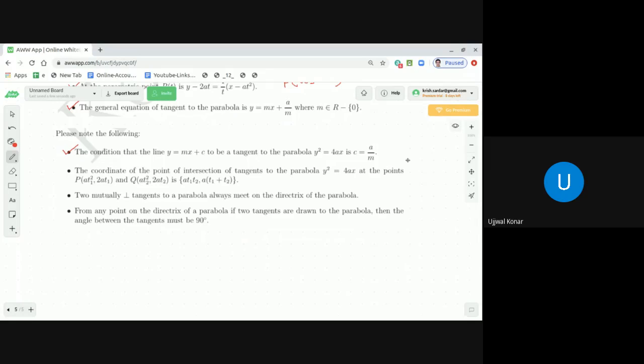So I repeat, dear students, y equal to mx plus c is the equation of a straight line, and y square equal to 4ax is the equation of a parabola. What condition must be satisfied for the straight line y equal to mx plus c to be a tangent to the parabola y square equal to 4ax? The required condition is c equal to a by m.